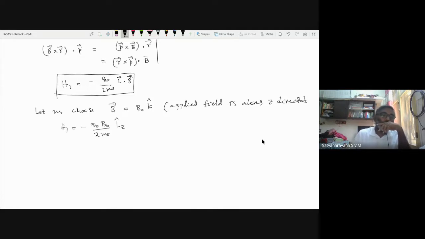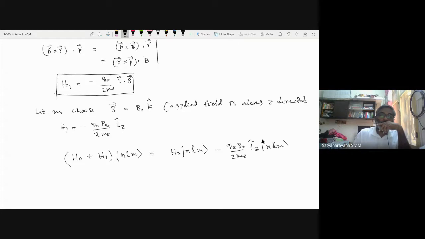Okay. So you can now write down, you can ask a question: what happens if I keep this H0 plus H1 and then operate it on NLM? What happens is H0 operating on NLM plus or minus QE B0 by twice ME, LZ operating on NLM.